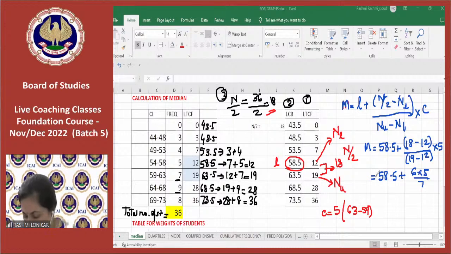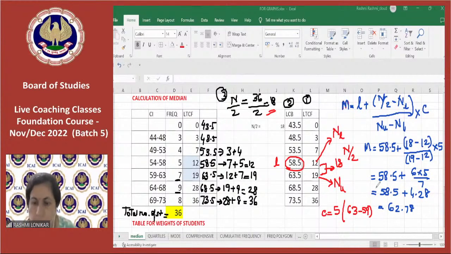Yes, 4.28. Sakshi, Bibika. Yes, Lakshita. Yeah, now you got it. So this is 58.5 plus 4.28, which is equal to 62.78. Okay.